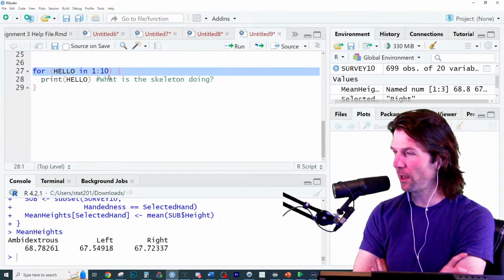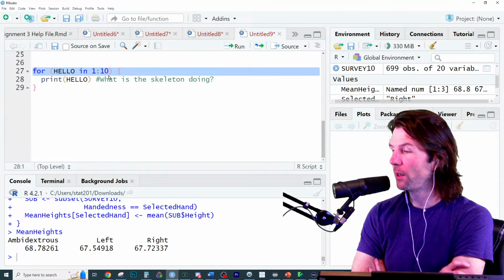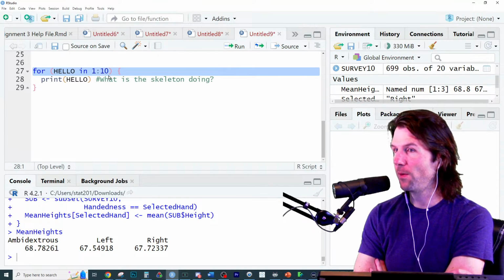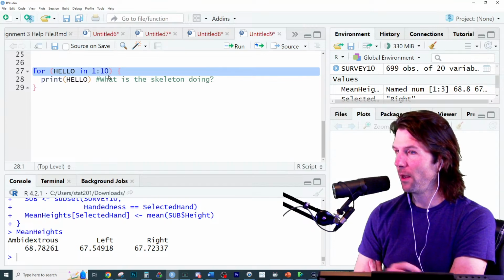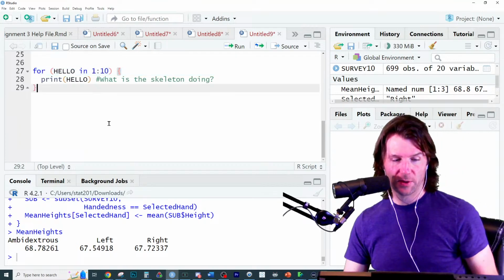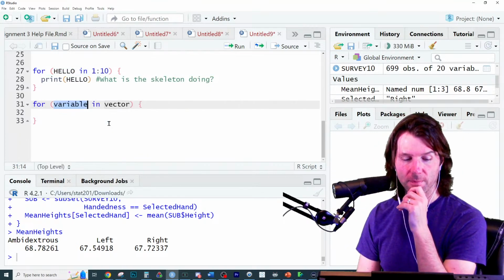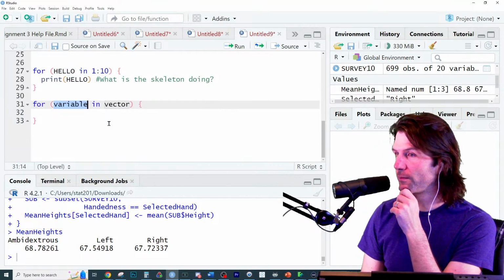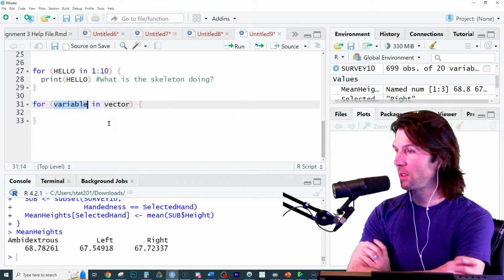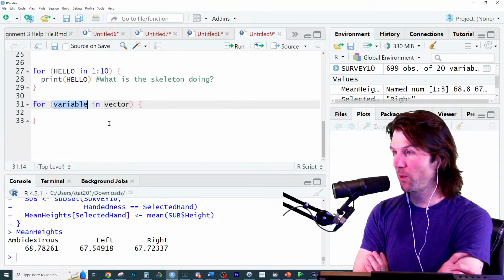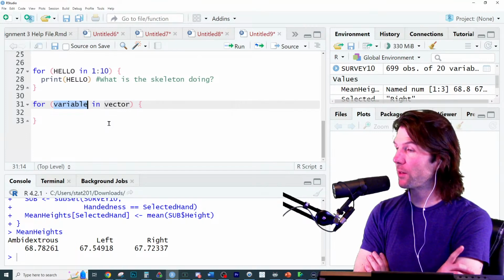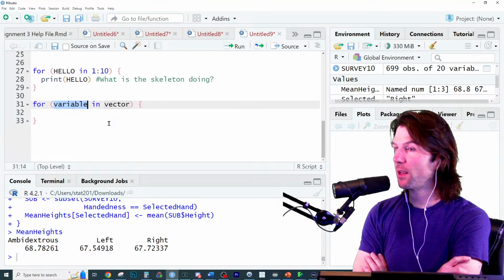And what is hello? Is hello a word? What is hello? We could say hello is the what? It's the variable. So the variable is going to change every time the for loop runs.